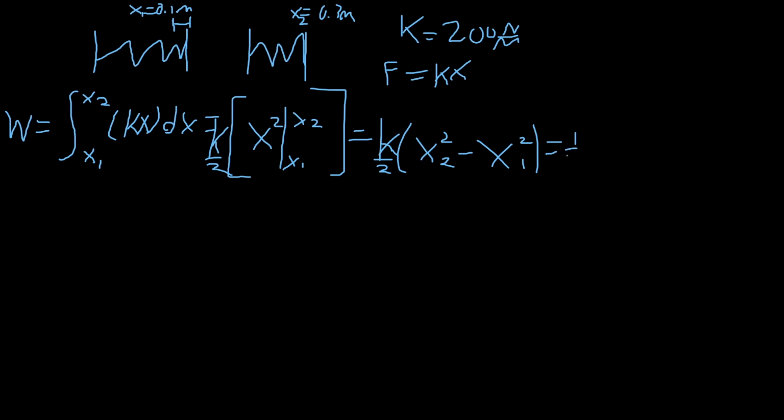So you have 1 over 2 k x2 squared minus 1 over 2 k x1 squared, which is the first x. And as we can see, this is the format for finding the work when it involves a spring.